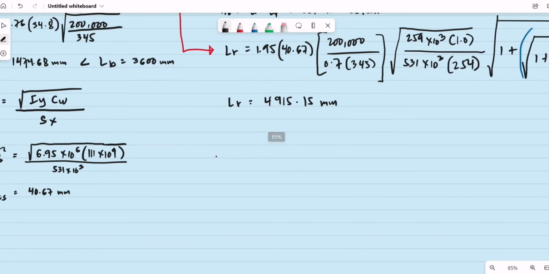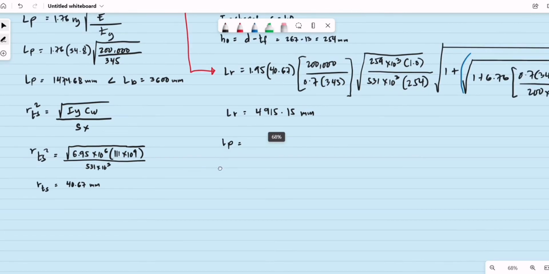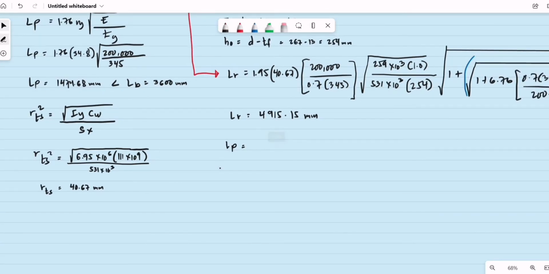So the value of the L sub P is equal to 1,474.68 millimeters. This is less than the unbraced length of 3.6 meters or 3,600 millimeters.